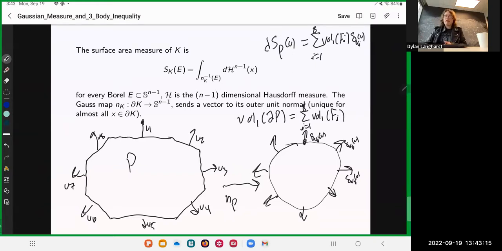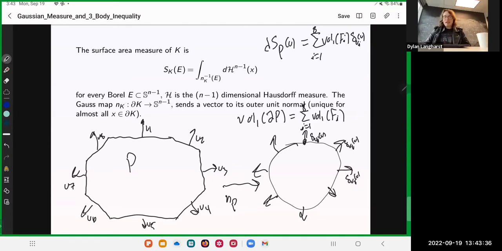And now it turns out that polytopes are dense in the set of convex bodies with respect to the Hausdorff metric. And it also turns out that discrete measures are dense in the set of measures. So via approximation, you can construct the surface area measure of any convex body in this way.